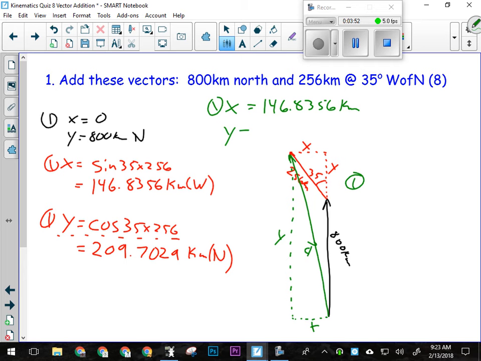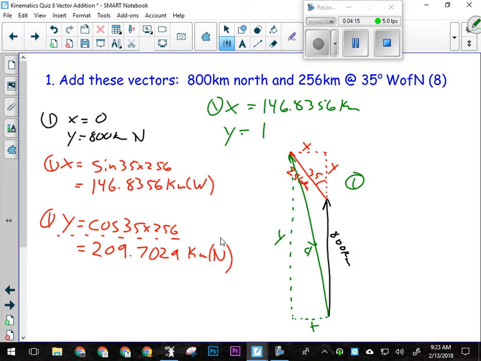To get green y, we have to add 800 kilometers and red y, which was 209.7029. So that's going to be 1,029... sorry, not 29. 1,209... no, what am I saying? 1,009.